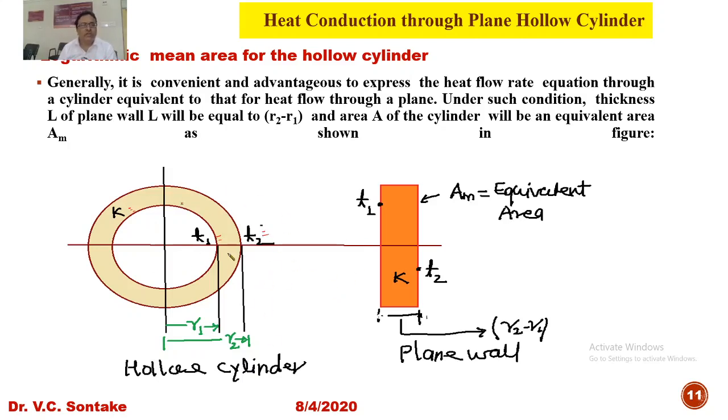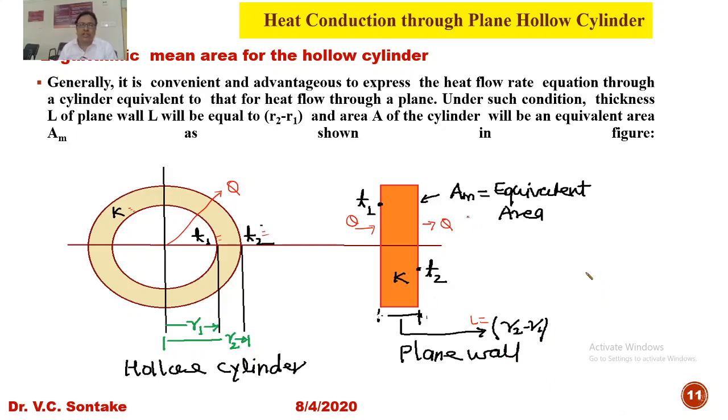Let's say we want to represent the heat transfer rate through this hollow cylinder in the same form as that given by the rate of heat equation through a plane wall, having temperatures T1 and T2 and thickness L equal to R2 minus R1.